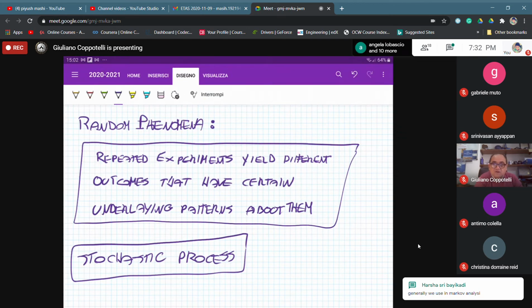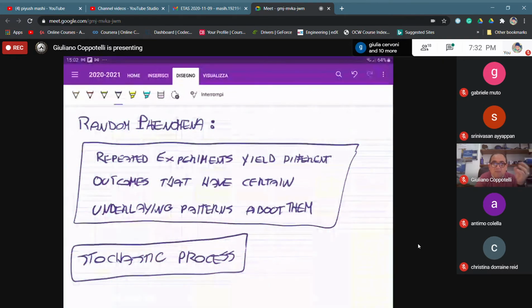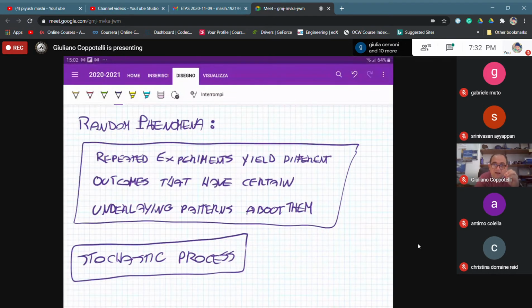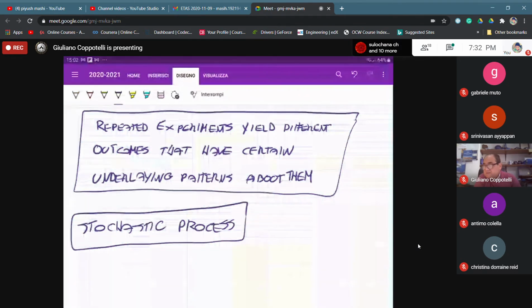As I just wrote, the random phenomena is something telling me that, whatever the different outcomes that we get, there are some underlying patterns. Stochastic processes are those specific random phenomena that could be parameterized by just an index, t, for example.